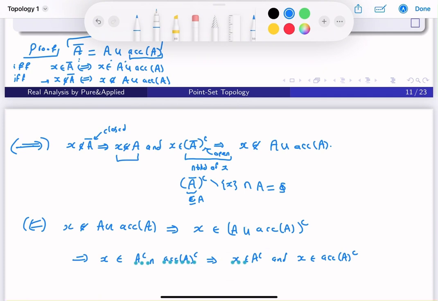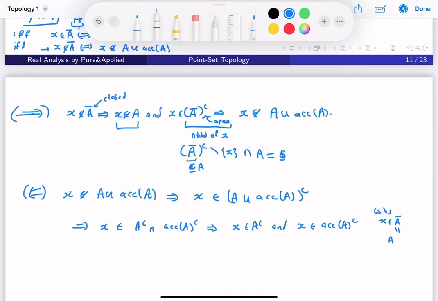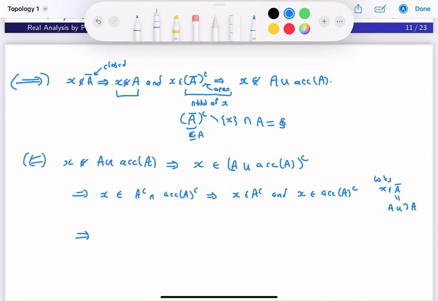So X is not in A, and X is not a limit point of A, and we want to show that this implies that X is not an element of the closure. The closure is A union the boundary set of A, or the interior union the boundary set of A. But thus it suffices to show that it's not a boundary point of A. Why is that so? That is because of the definition of limit points.